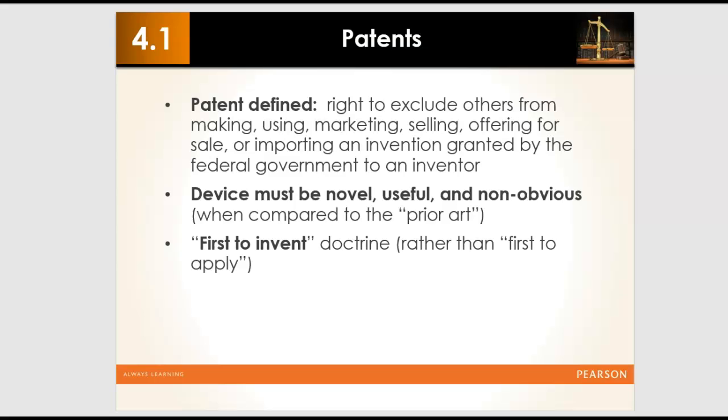This is not the principle in the US. The principle is the first to invent. So if two people apply, let's say on the same day or on different days, or weeks, or even months apart, but the second to apply was actually the first to invent, and there's evidence of this, then in case the patent is granted, it will be granted to this second person.